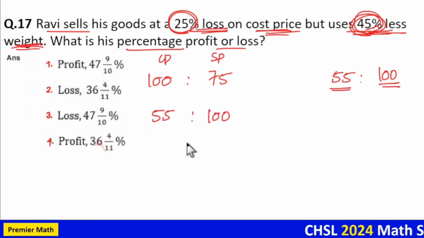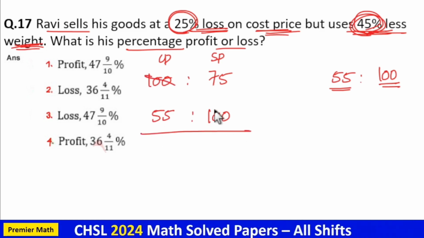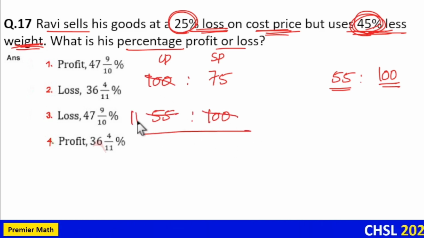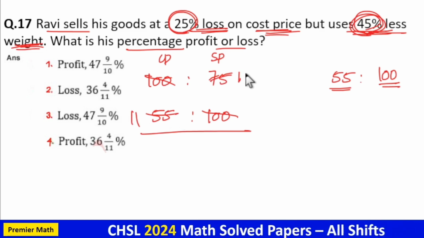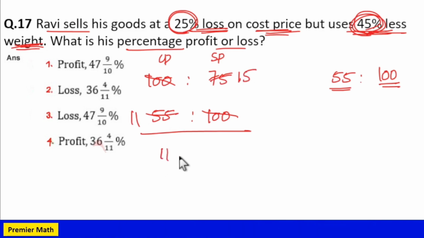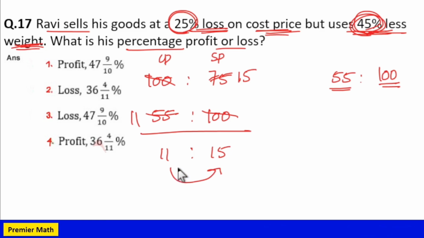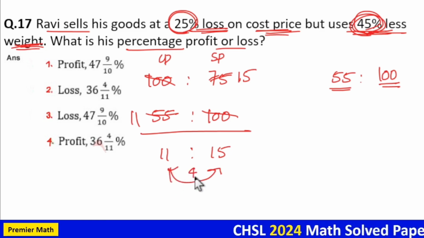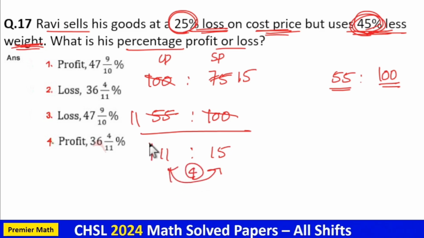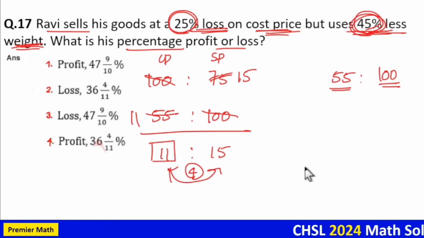So, he only costs 55 kilogram cost. Now, take the ratio. 5 goes 11 times in 55, 5 goes 15 times in 75. So, 11 and 15 is the cost price and sell price, which means here 4 part is the gain out of this 11 part cost price.